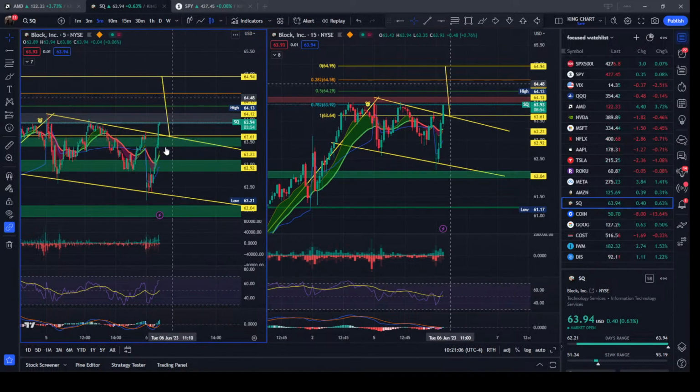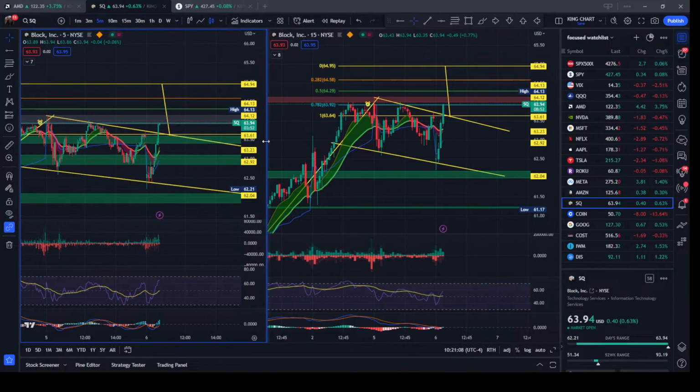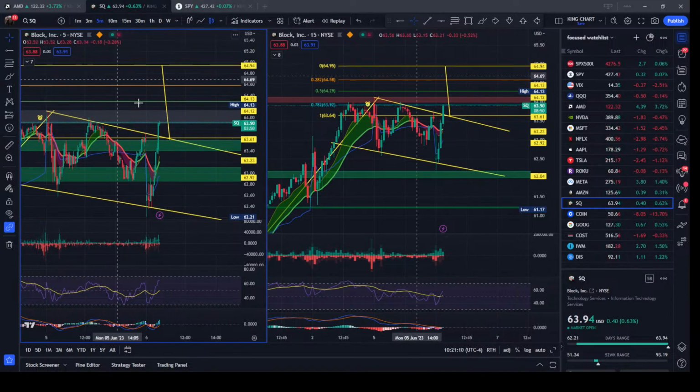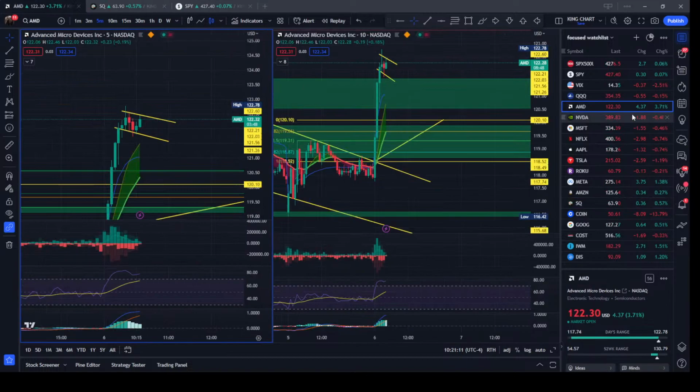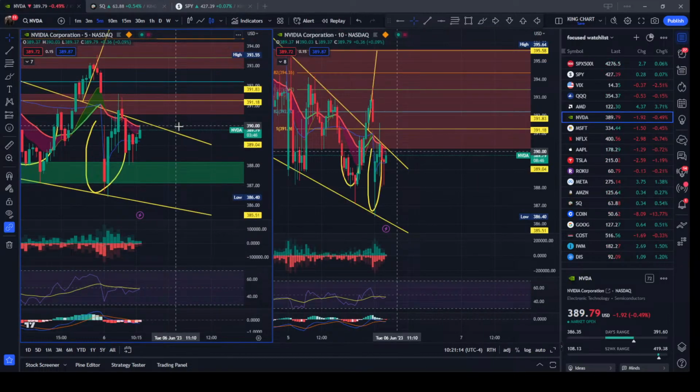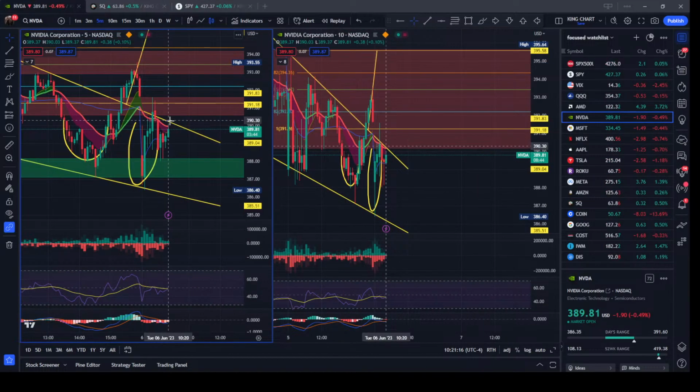Square is good to go to the upside here, to easily go to 64 without any problems. Nvidia is ready to push that trend line once again.